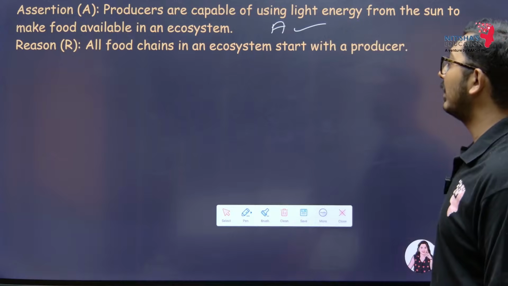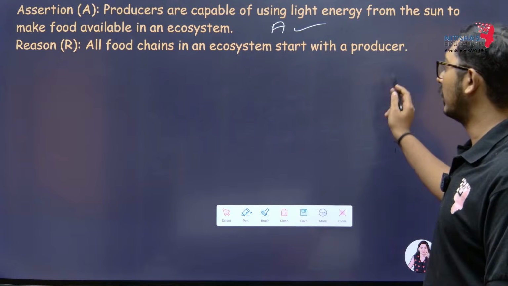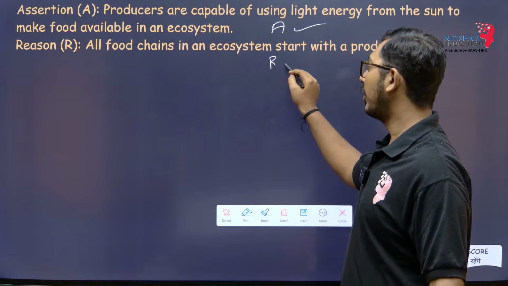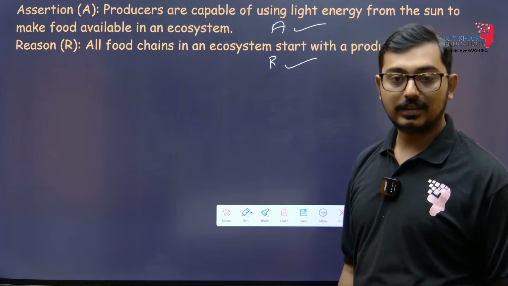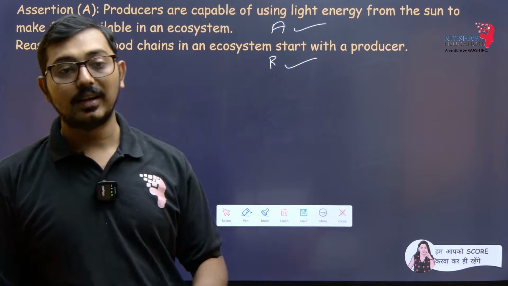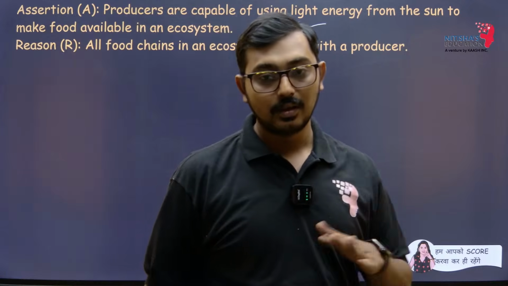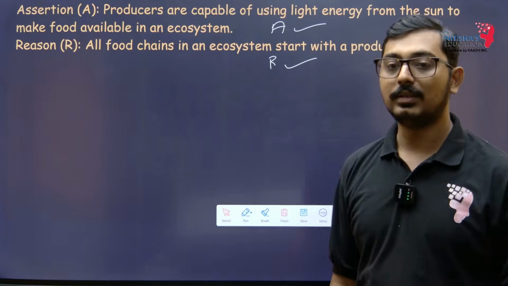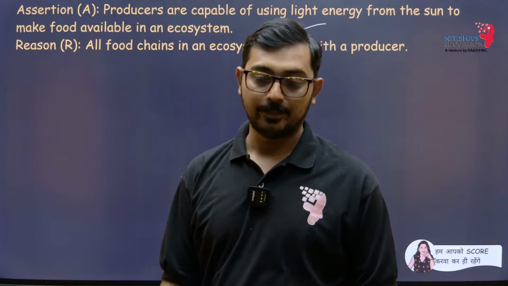All food chains in an ecosystem start with a producer. Obviously, they start with a producer only. As the producer generates food, it is consumed by the primary consumers, then the secondary consumers, and then the tertiary.